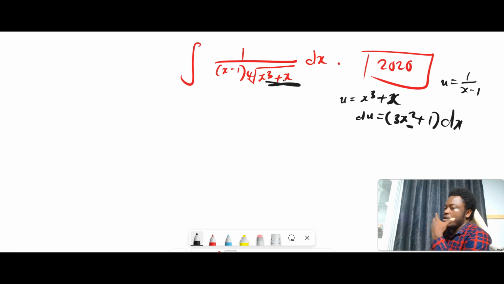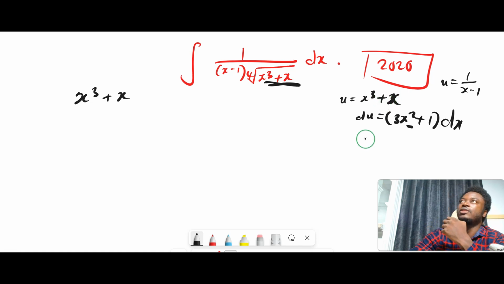So instead, what we're going to do is that we're going to see this x cubed and x. How do we get that x cubed and x? Well, to get that, you need a term that contains x to the fourth.